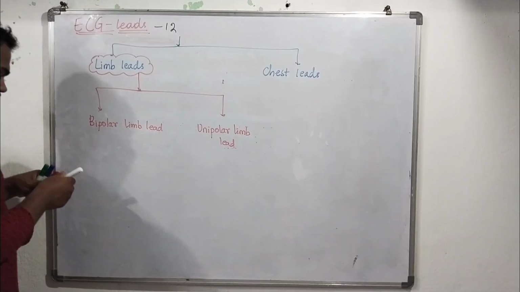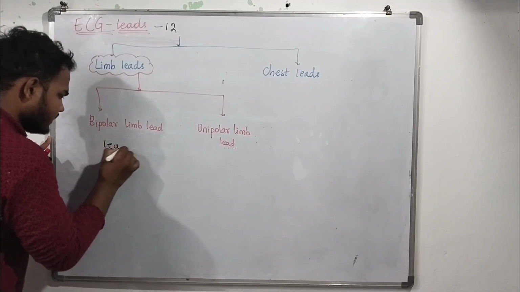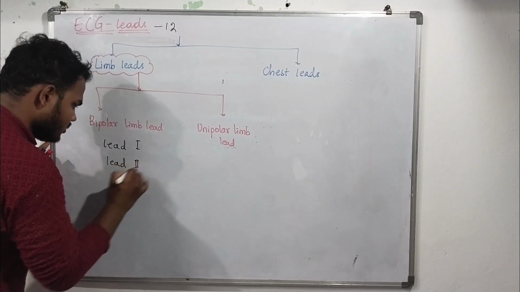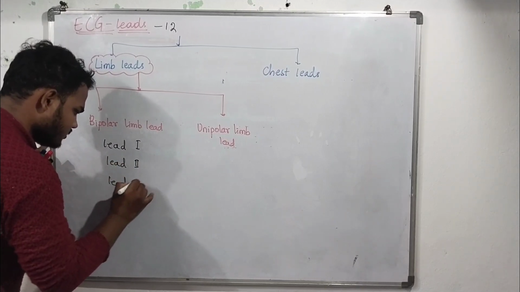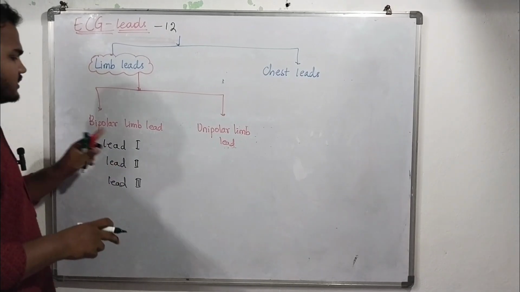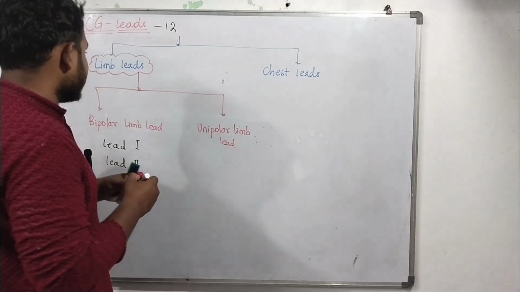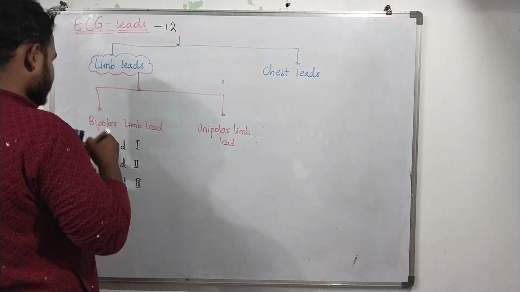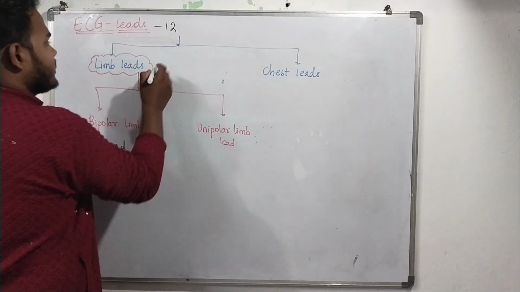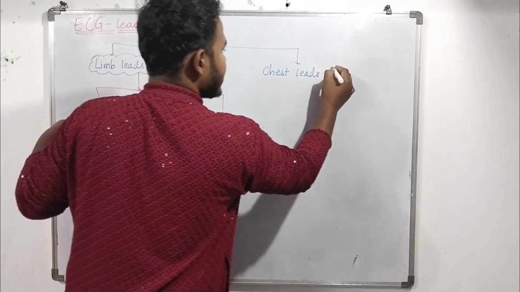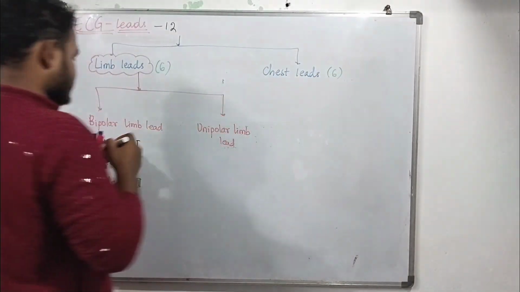Lead 1, lead 2 and lead 3 are the three bipolar leads, and you should remember that limb leads are 6 in number, and chest leads are also 6.